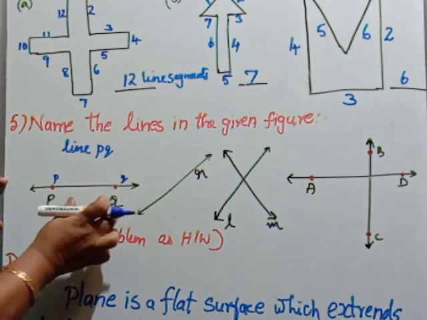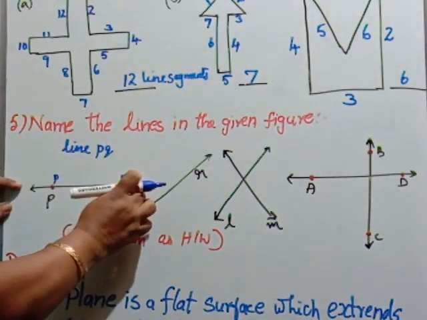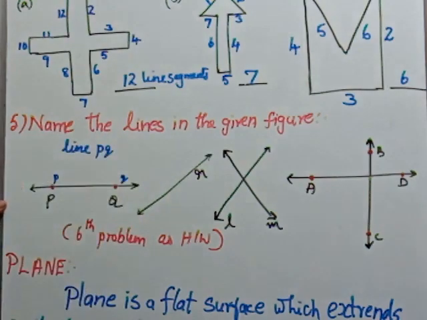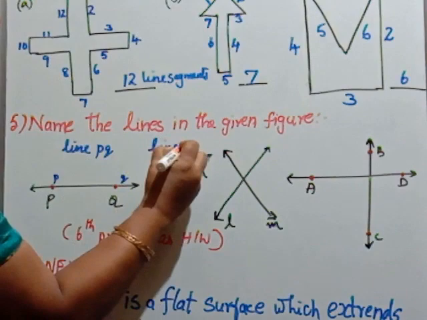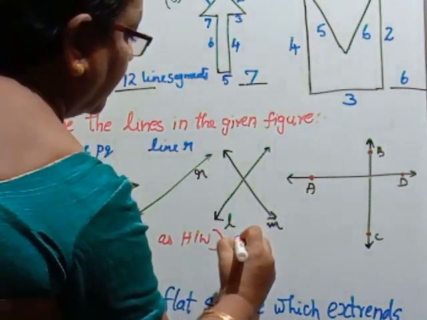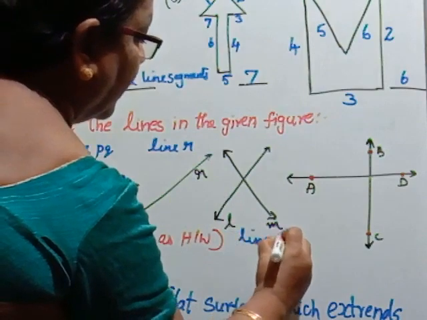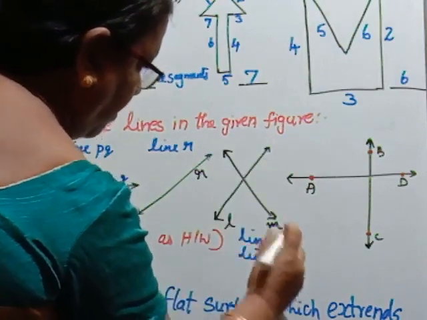This capital PQ is considered as a line segment. We'll give a new name for this line PQ. So, in this figure, what we'll call the line is line R. In this figure, line L is this. Then the other name is line M.